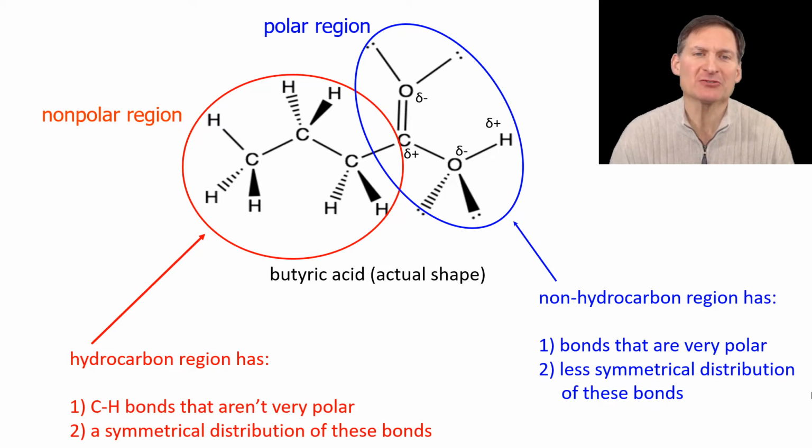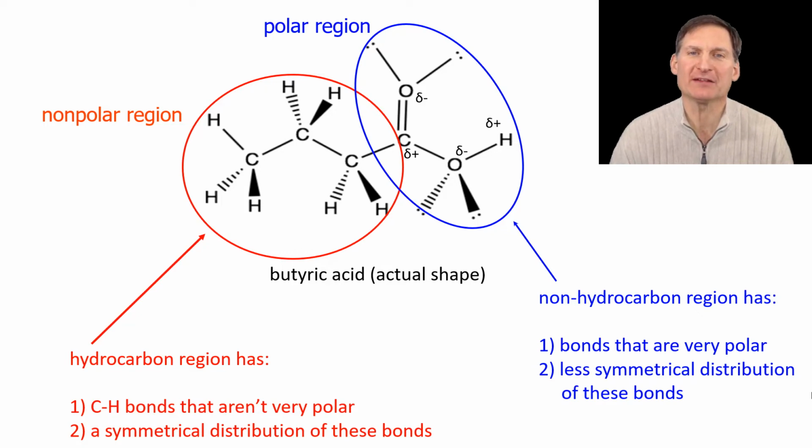Further, these bonds are oriented in a less symmetrical way because of the impact of the unshared pairs of electrons on the geometry. And if that explanation isn't perfectly clear, the good news is you generally don't have to dig that deep to determine the polarity of an organic molecule. Simply remember, hydrocarbon regions are nonpolar and non-hydrocarbon regions are polar.